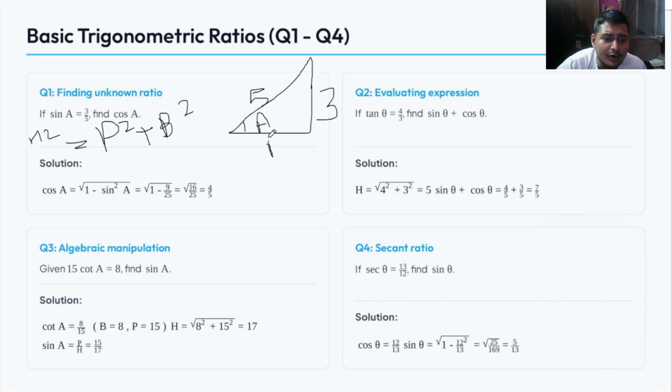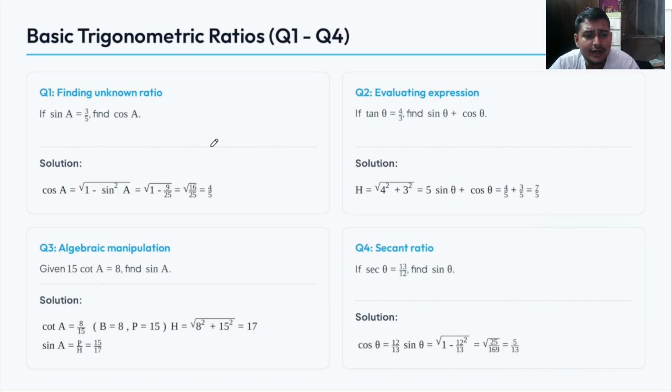Here we don't know the base. We know the perpendicular as 3 and hypotenuse as 5. So putting them in the relation, 5 square equals 25, minus p, which is 3, so 3 square equals 9. From the relation h square minus p square equals b square, 25 minus 9 equals b square.